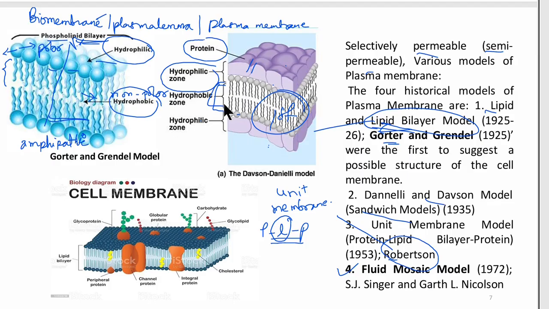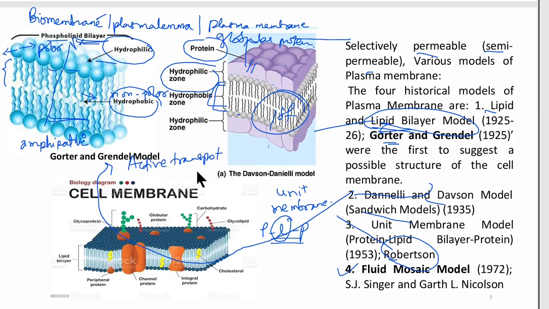The polar ends of the lipid molecules are associated with a monomolecular layer of globular proteins. The main drawback is that it does not explain the function and phenomenon of active transport movement. So this model was not accepted.